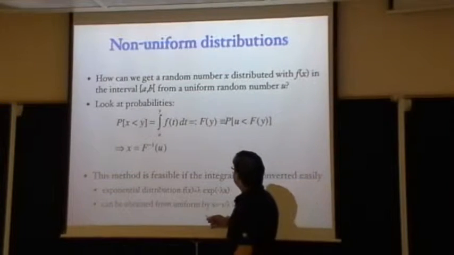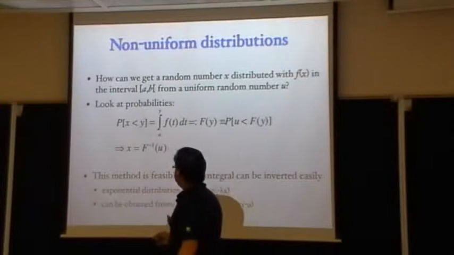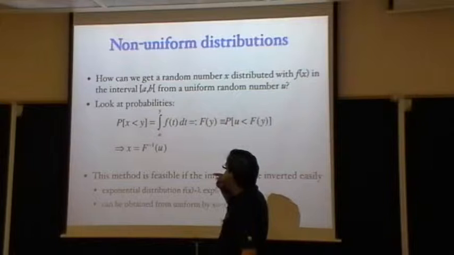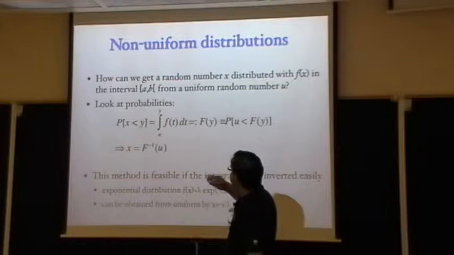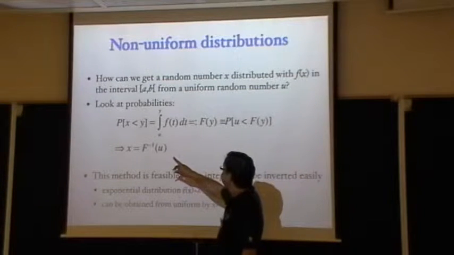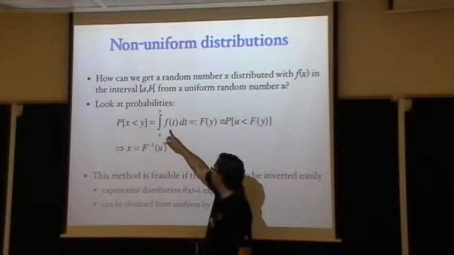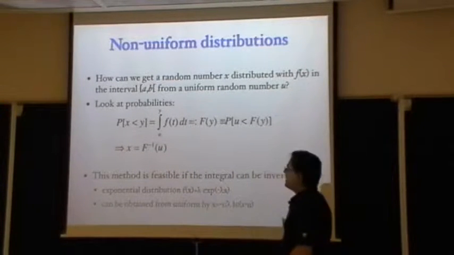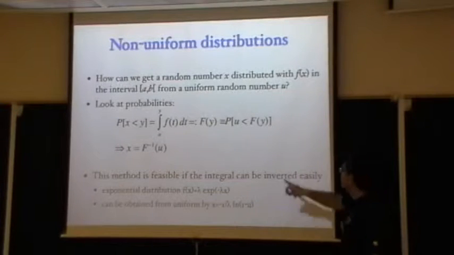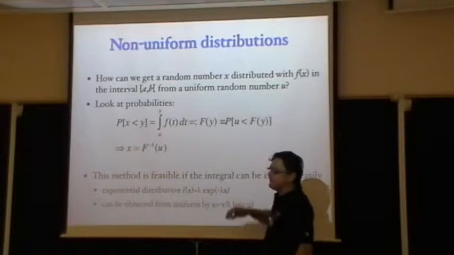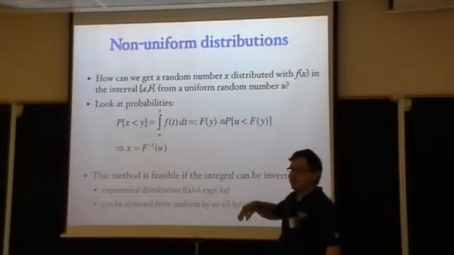So the probability for a number with the distribution function f to be less than y is the same as the probability for a uniform number to be less than the integral of the function f up to y.